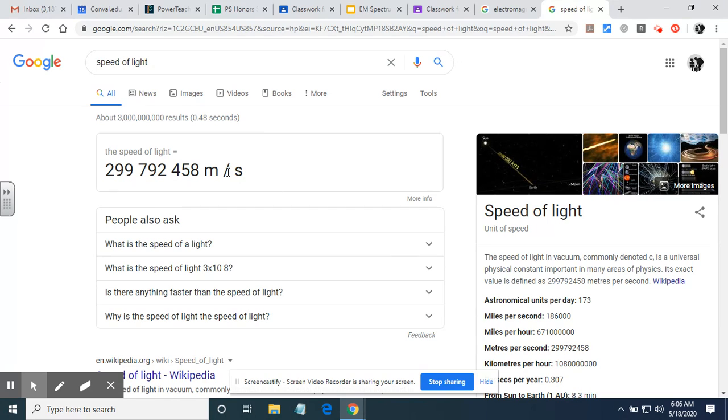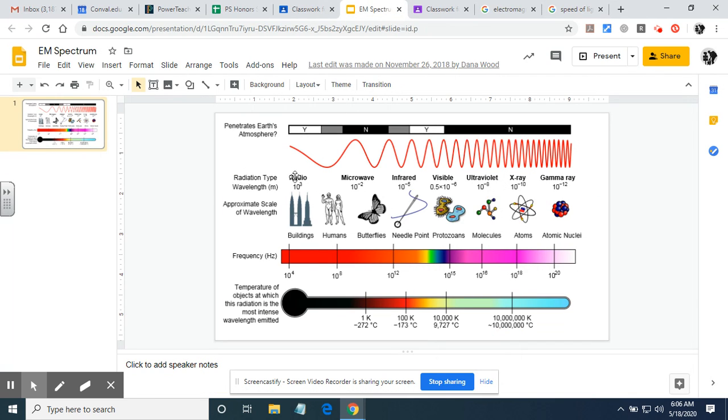Light travels extremely fast. When it travels through things like air, it does slow down just a little bit, and that's in the table on page 341. But please understand, all of these waves travel at the exact same speed.